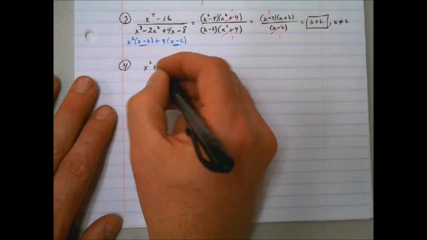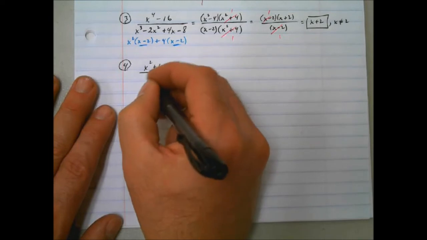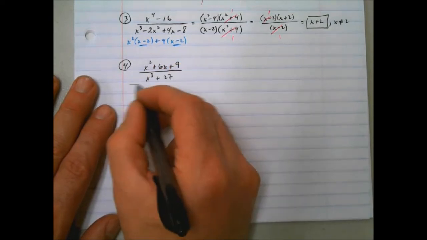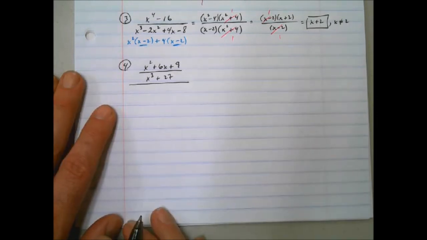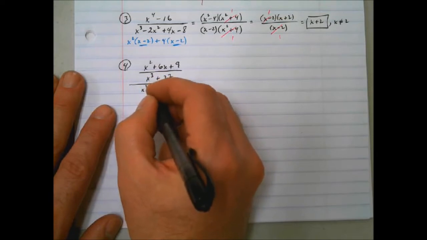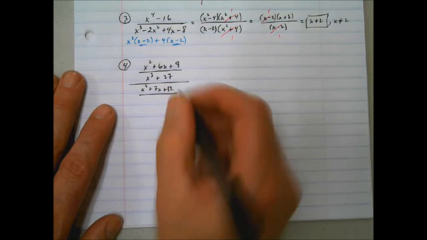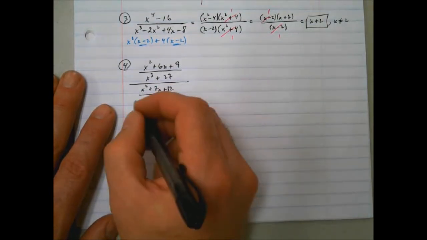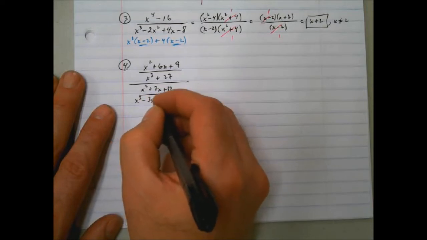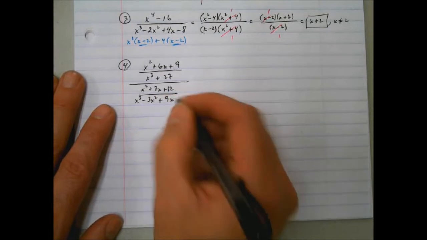So let's say we have x squared plus 6x plus 9 over x cubed plus 27, and that's all over another fraction, x squared plus 7x plus 12, over x cubed minus 3x squared plus 9x.